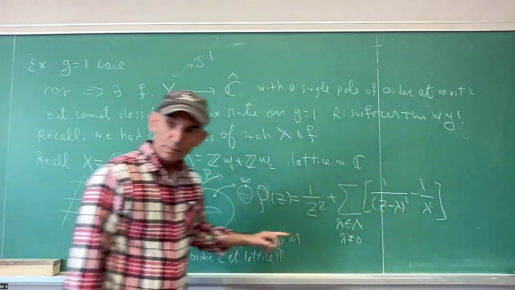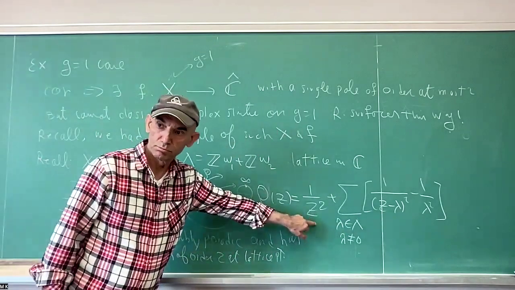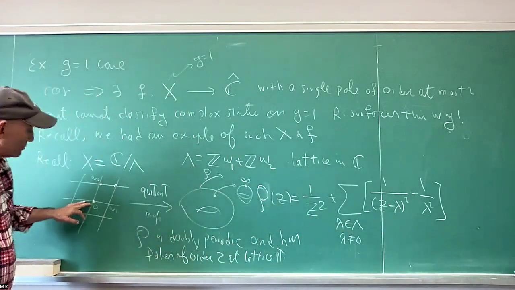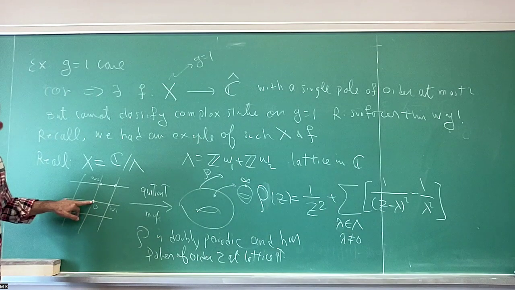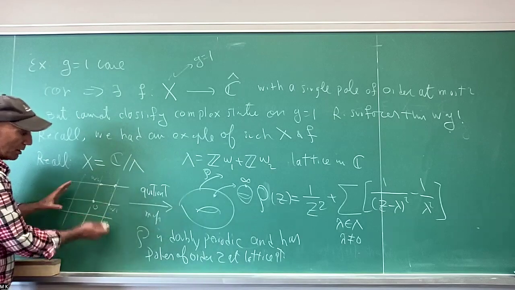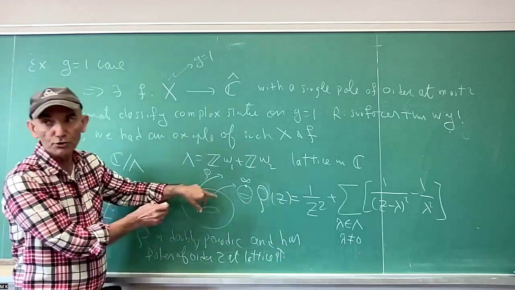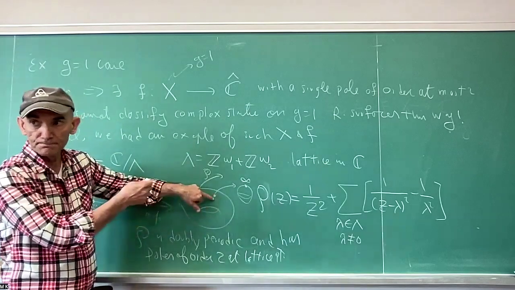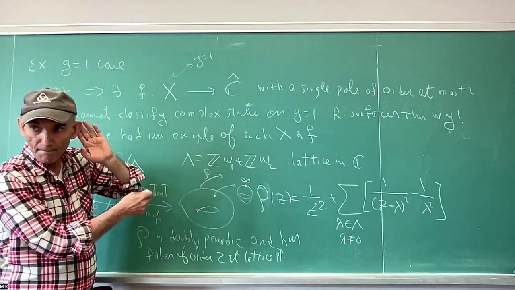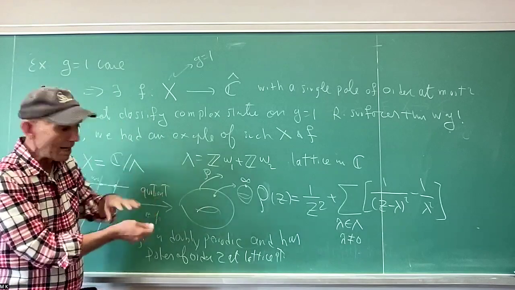But in the torus, lambda equals 0 is the origin, and it's identified with the same point that goes to infinity. As a map on C, all these points go to infinity, but as a map on the torus, there's only one point that goes to infinity. So shouldn't we just send lambda equals 0 to infinity? Yes, it goes to infinity.